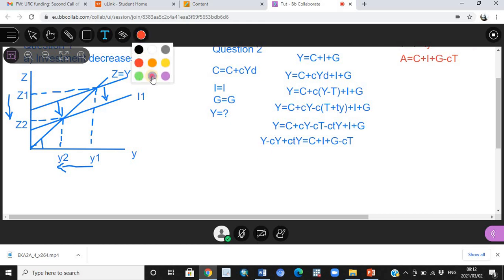Let me just go back to my original column. We will have Y, this is the first thing, multiplying 1 minus c plus ct, and this should be equal to A, because we've already assumed that A denotes C plus I plus G minus cT.